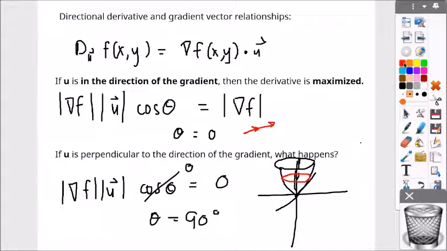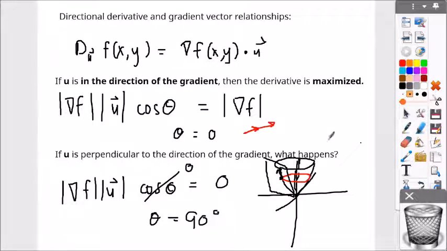And I'm just going to put a tangent plane right now. So the tangent plane is like this. The direction of fastest increase right here aligns with the tangent plane.